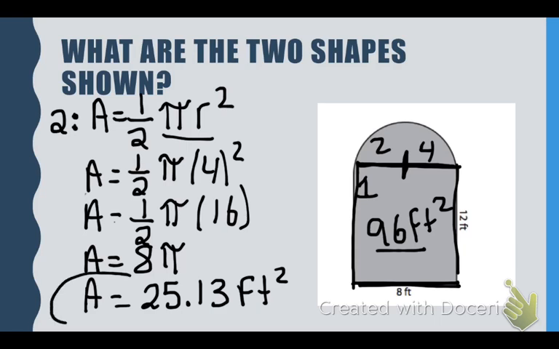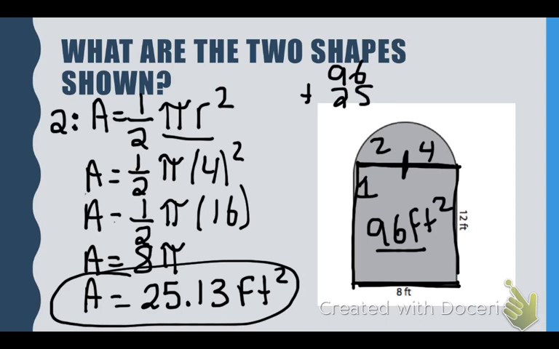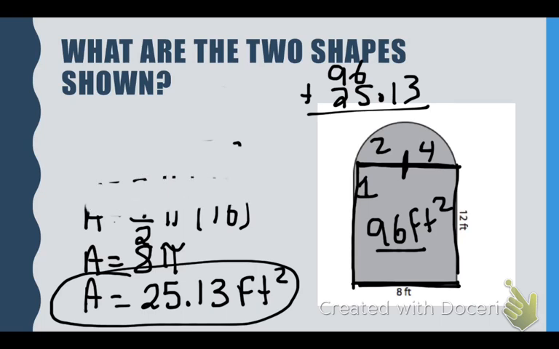So now I have my two areas, and because it's a compound shape and it's all combined together, all I need to do as my last step is add the two areas together. So I'm going to take 96 plus 25.13, and I'm going to get 121.13. And I'm going to erase this so that I have room to write that.